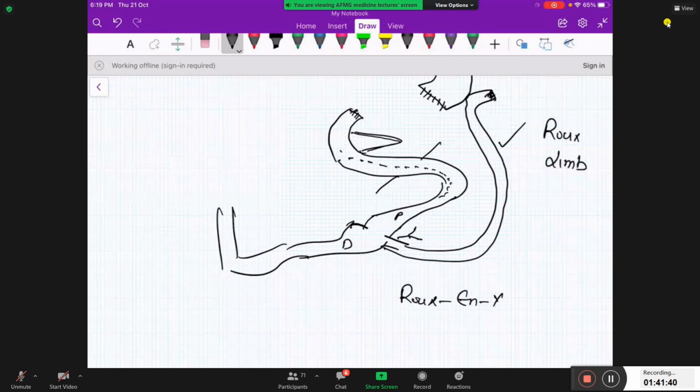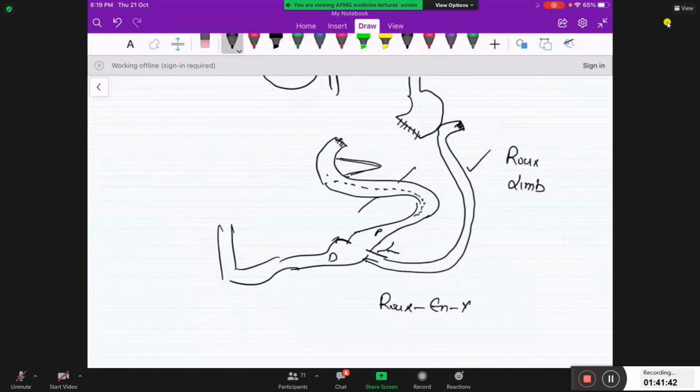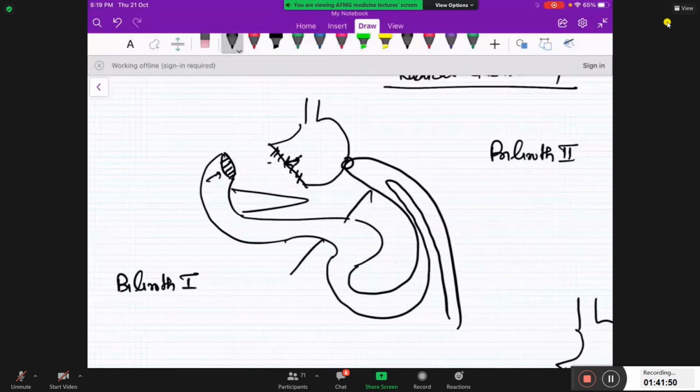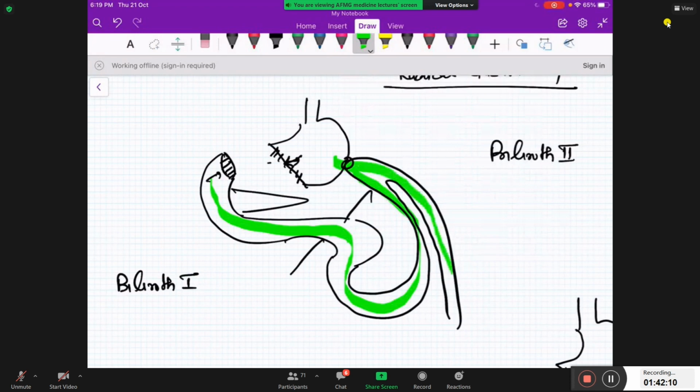Sure? Okay. अब ये सब खेल खेलने की जरूरत क्या है? Why did we do that? What was the reason? Please try to see the reason. And this is a very important reason. You can see here that all the enzymes, the biliary juice, pancreatic juice, which is alkaline in nature, will go like this, will go like this, and some of them will go to the stomach side also, and then will go to the distal part of the jejunum.